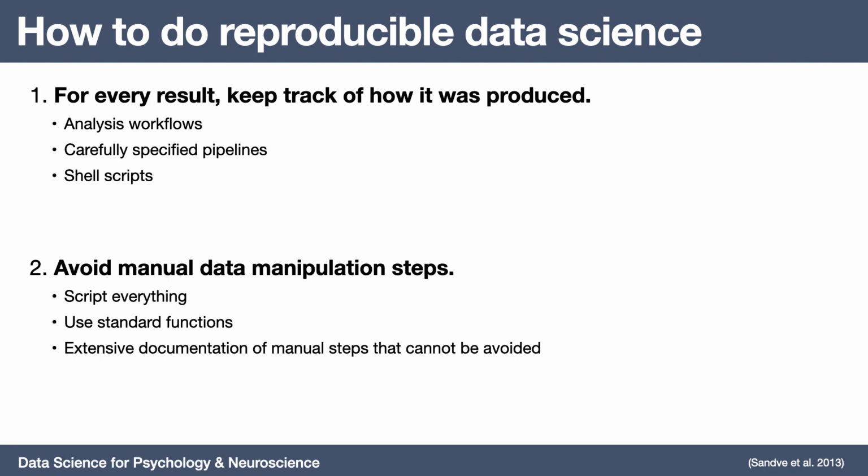So if you can't pass along a script or notebook of every automated step that you took, and you had to do some manual steps, be detailed in what those steps are, which relates back to point number 1.